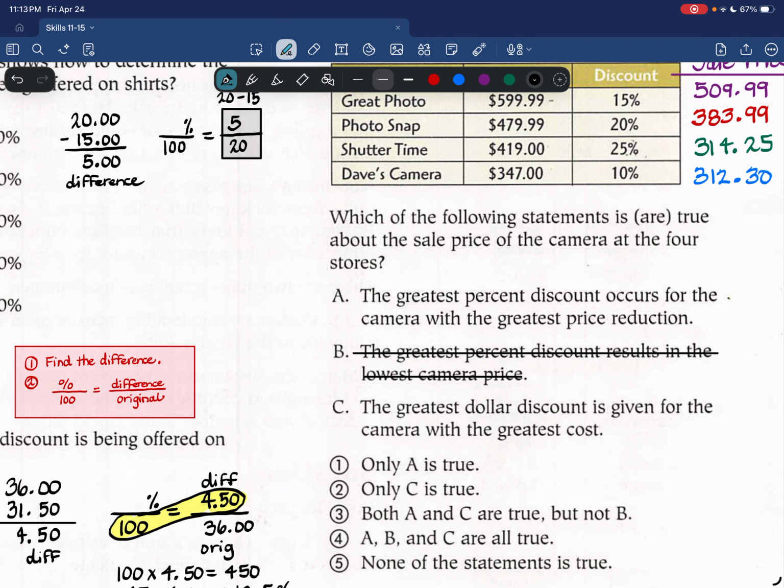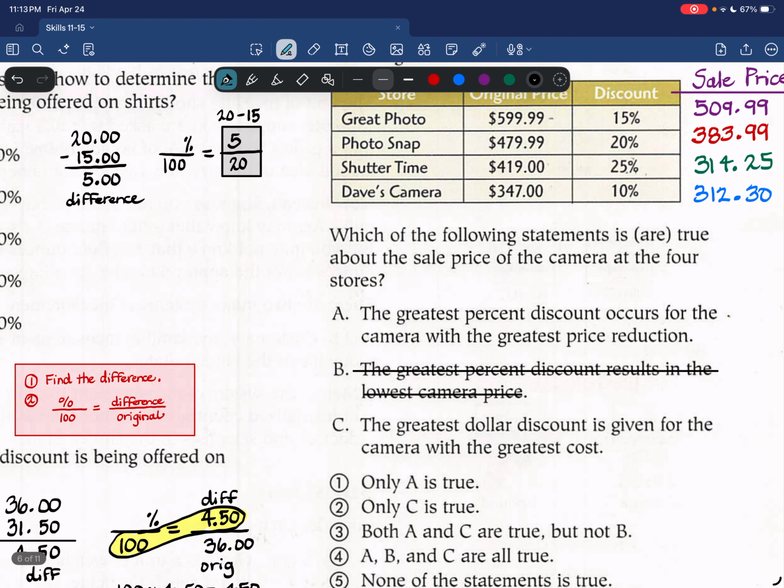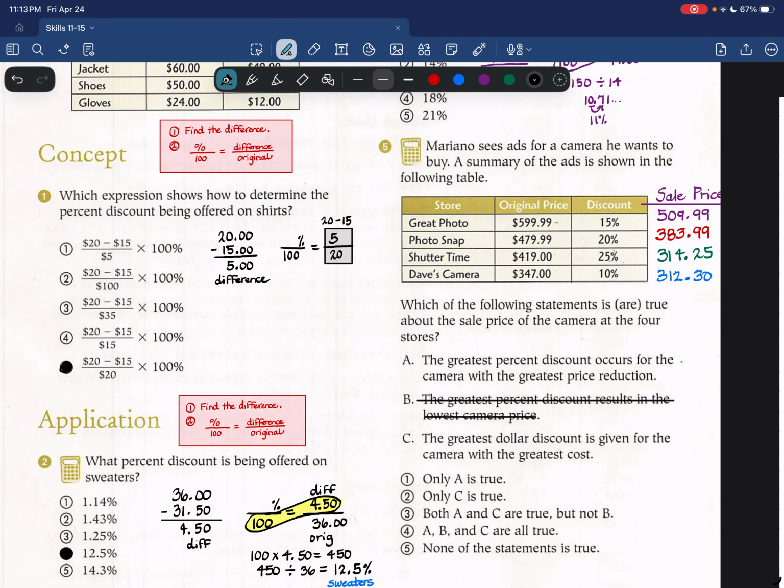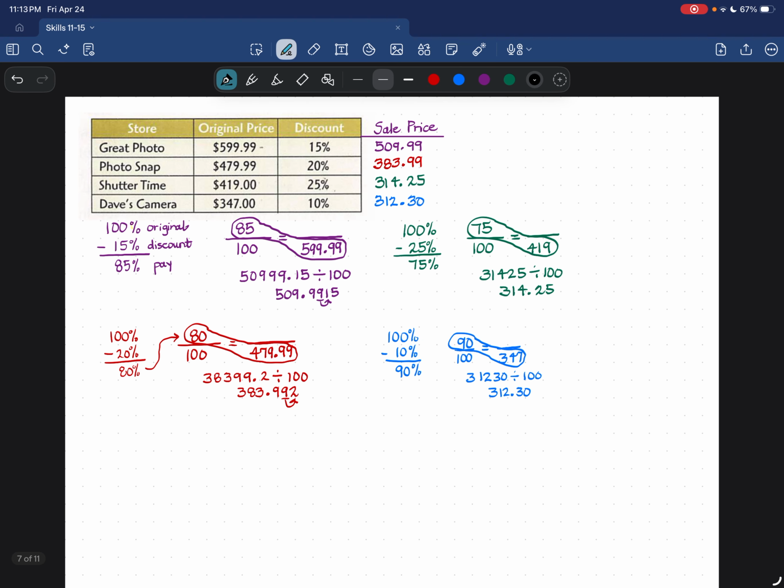C: The greatest dollar discount is given for the camera with the greatest cost. Well, the greatest cost is $599.99, but the greatest dollar discount, let's look back over here. There's a different way.